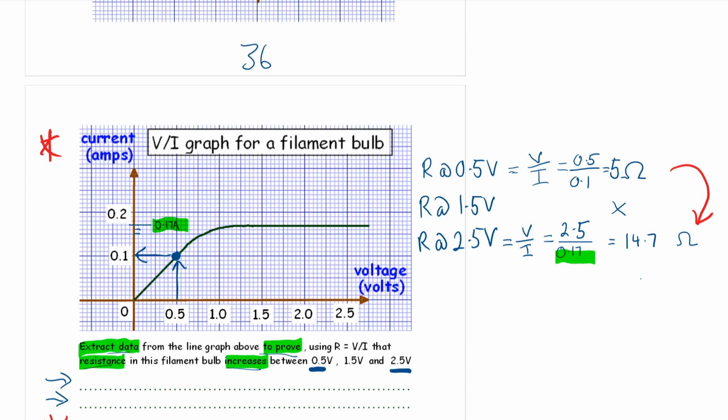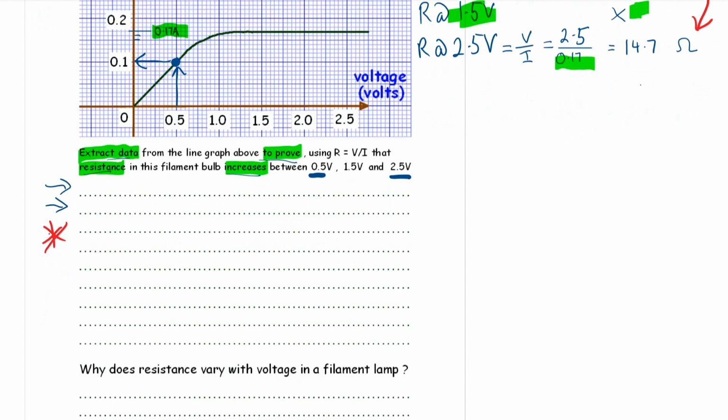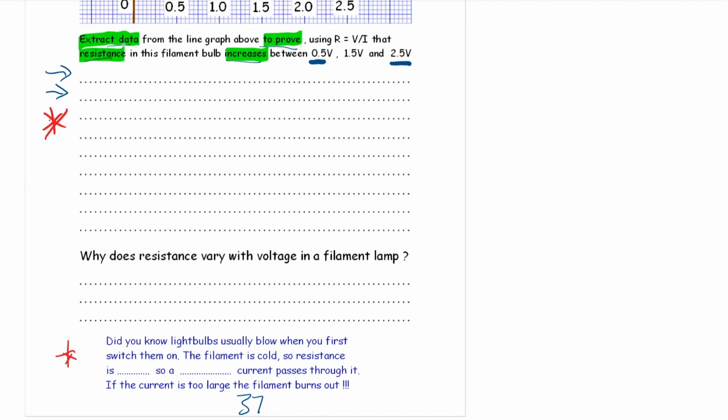Notice the resistance has increased to 14.7 ohms. You work out what's the resistance at 1.5. What you should see then is as the voltage increases, so does the resistance of the filament bulb. I'll leave you to answer that question there.